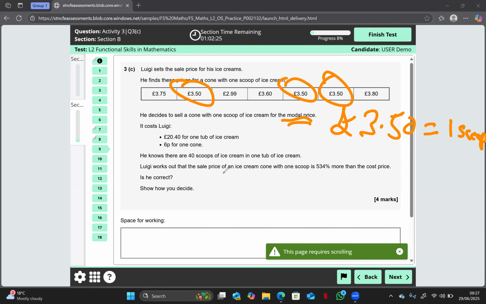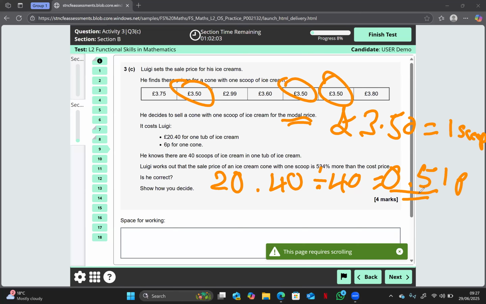That means each scoop will be £20.40 divided by 40, which equals 51 pence. 51 pence for a scoop, 6p for one cone, so 0.51 plus 0.06 means that one scoop of ice cream with one cone is 57 pence, right?